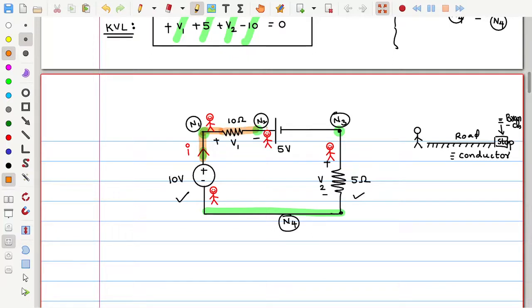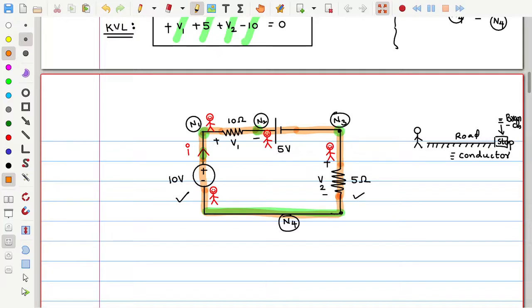It crosses the second stop, moves on the road, crosses the next stop, and continues until it comes back to where it started. This is the current path. Clear?